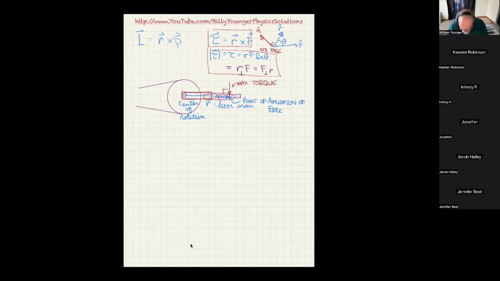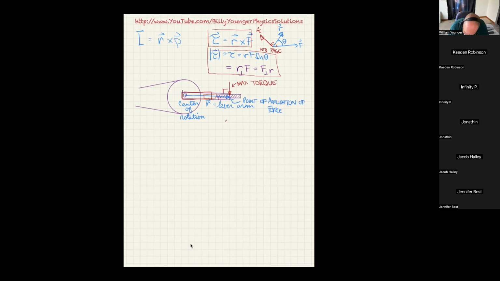You can also see that it's directly related to being a maximum when the force is at a 90-degree angle to the R. You can also see that it depends not only on the R, but also on the force. So, for instance, if I got on top of this pedal and pushed down, I weigh nearly 300 pounds. A lot of you weigh nearly 100 pounds, so I could have 3 times as much force and therefore 3 times as much torque.